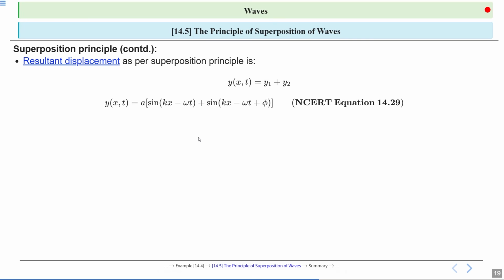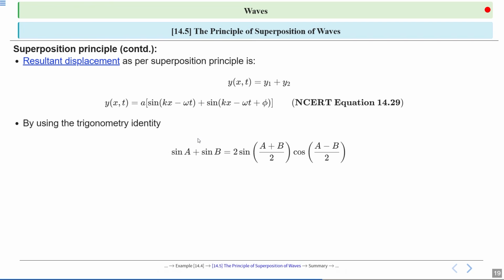So here we see a specific example where both waves have the same amplitude, a, but one has a phase difference phi compared to the other. The equation is y of x,t is equal to a times [sine(kx minus omega t) plus sine(kx minus omega t plus phi)]. In this formula, a is the amplitude, k is the wave number, omega is the angular frequency, and phi is the phase difference.